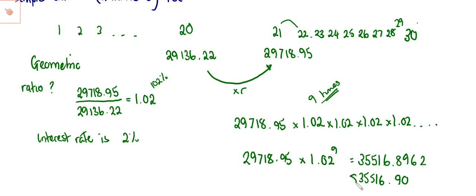Okay. Does that make sense? So it's 35,000 when it was at 29,000. So the answer seems to make sense.